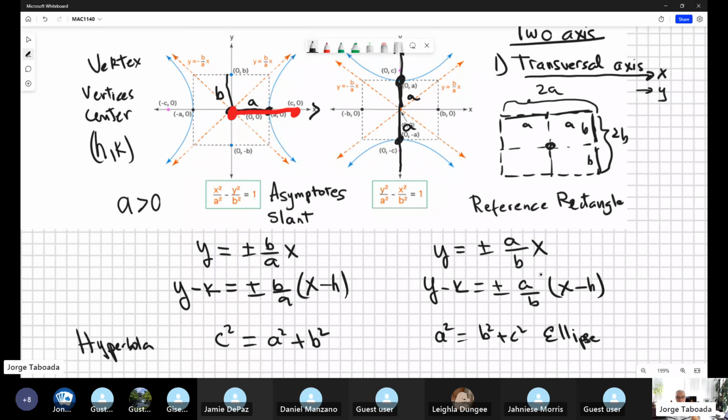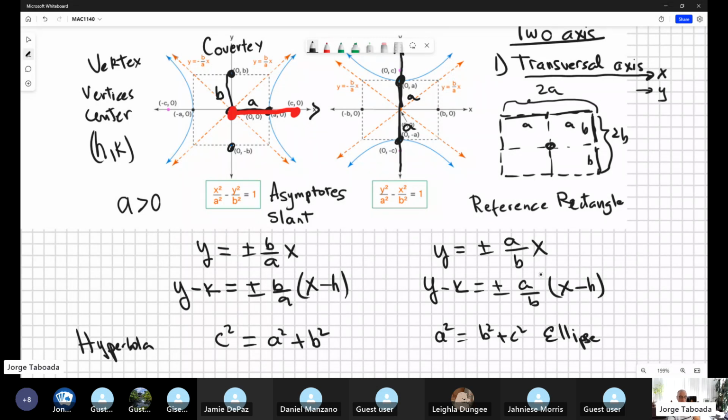So now, conclusion, hyperbola. We have a center, we have 2 vertices, we have 2 foci. We have the endpoint of the conjugate axis, this is called a covertex.